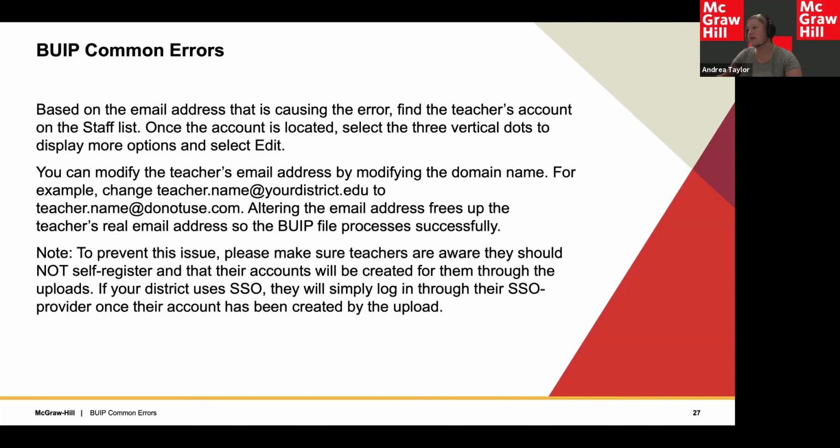Please keep in mind, though, this error can be easily prevented just by making teachers aware they should not self-register. Their accounts will be created by the auto rostering process, and if your district uses SSO, they simply log in through their SSO portal and will not need to manually create a McGraw-Hill account.